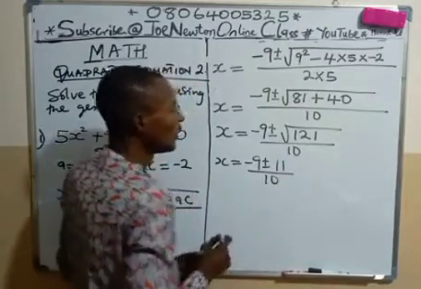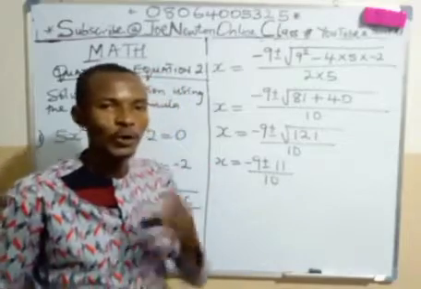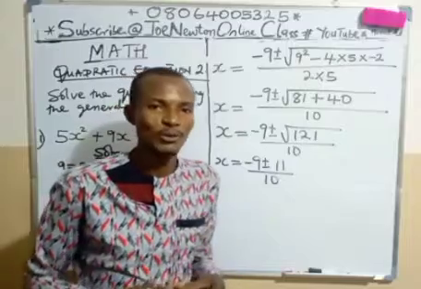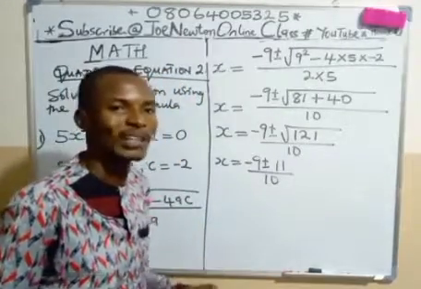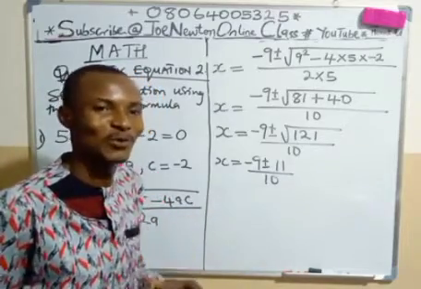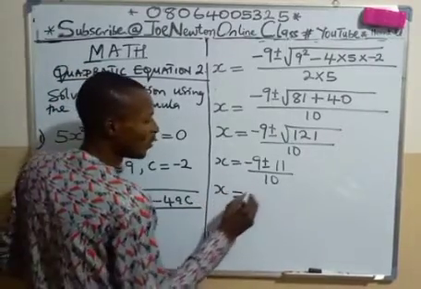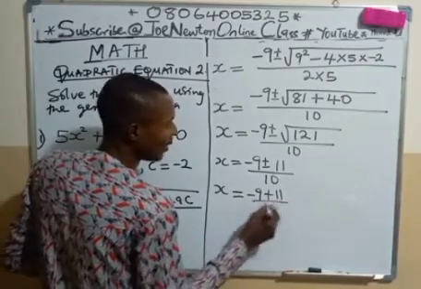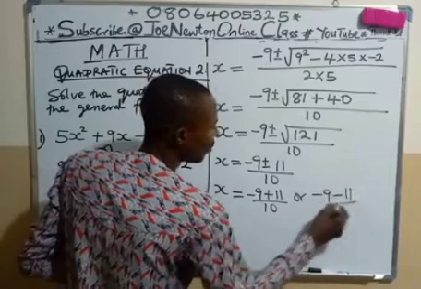Now, at this point, remember that when you solve a quadratic equation, the roots, which are the solution or the answers, must be two values. It is a two-value solution, known as the roots of the quadratic equation. So look at this. We have x is equal to minus 9 plus 11 over 10, or minus 9 minus 11 over 10.